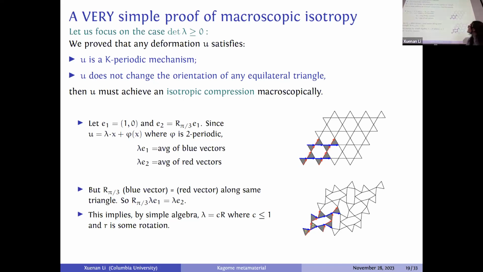Okay, so why is that? The affine deformation from here to here would change the sum over all the blue vectors to the sum of the blue vectors here, and it's going to change the sum of the red vectors to the sum of the red vectors here. Okay, and so let's write.